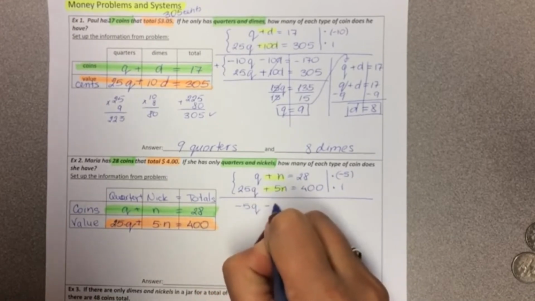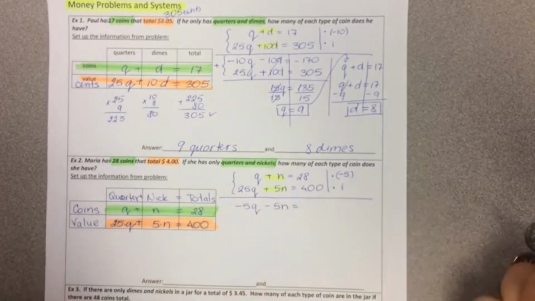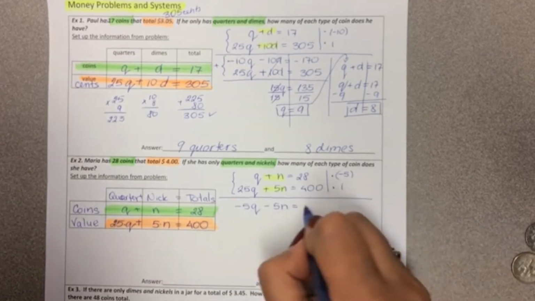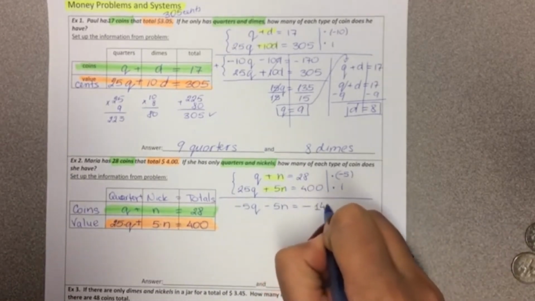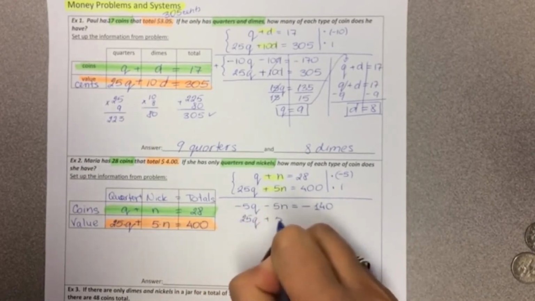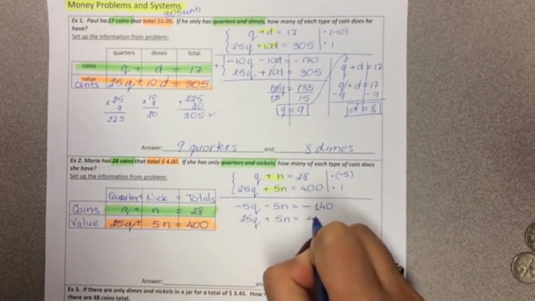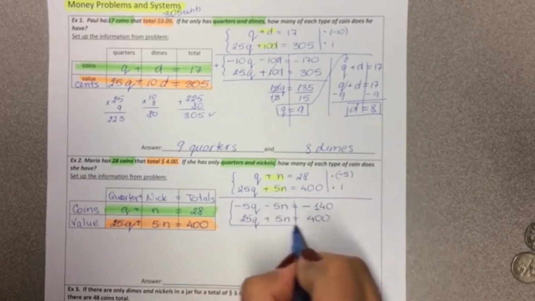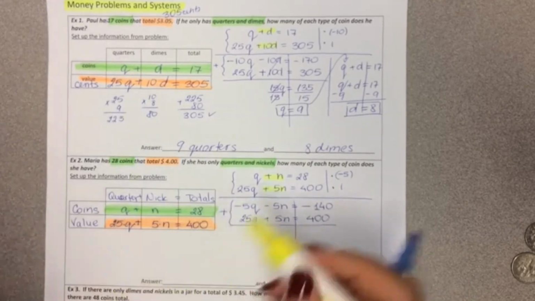Multiply all the terms. That would be 28 times 5, negative 140. And then second equation remains the same. When you have opposites, you can eliminate them and combine the equations in the system.